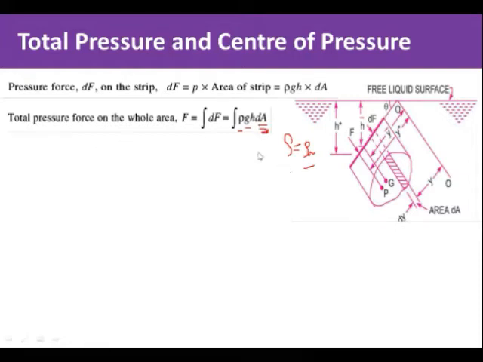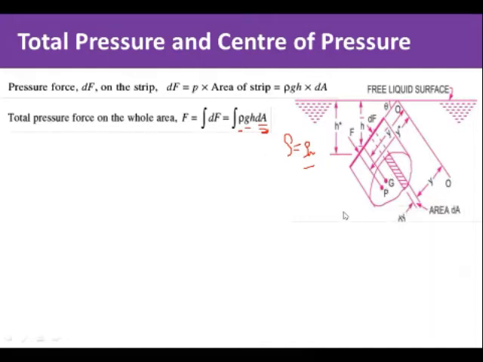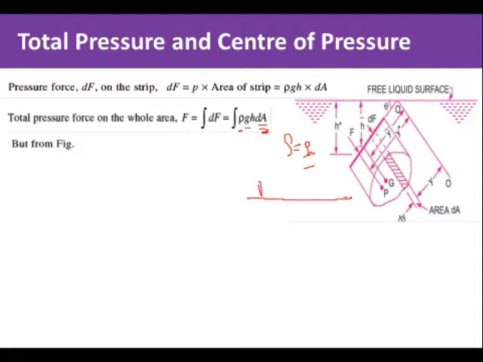Now from the figure, consider this triangle. This is our liquid surface, this is point O. This is the starting point of the surface, this is the ending point of the surface. Here we have h bar, this distance is h bar.